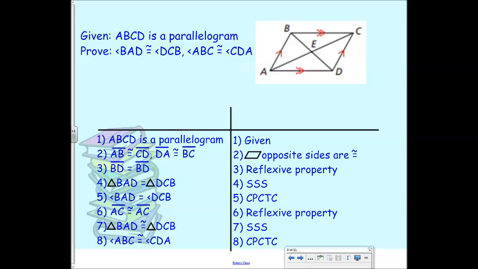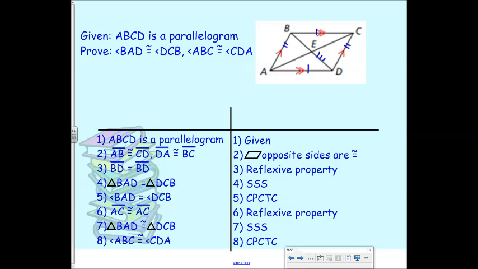So we still write our given first. Then we might note that AB is congruent to CD, and that DA is congruent to BC because they're opposite sides of a parallelogram, so they must be congruent. All right, I can also say that BD is equal to BD because of my favorite, the reflexive property.